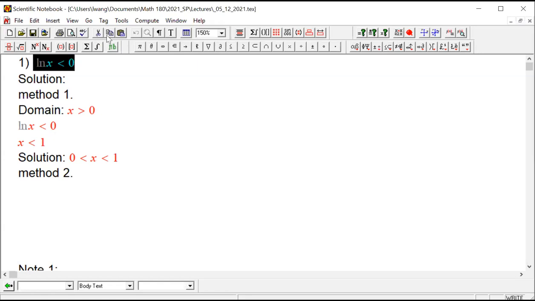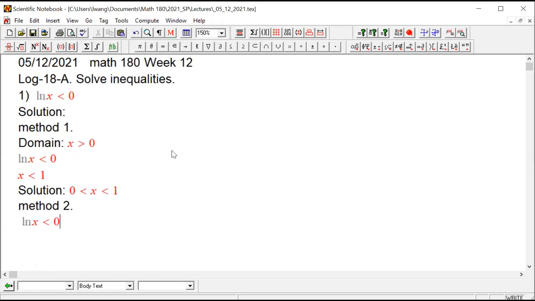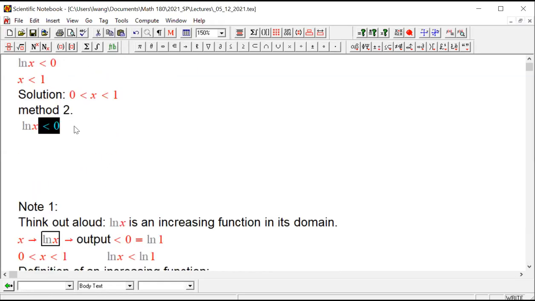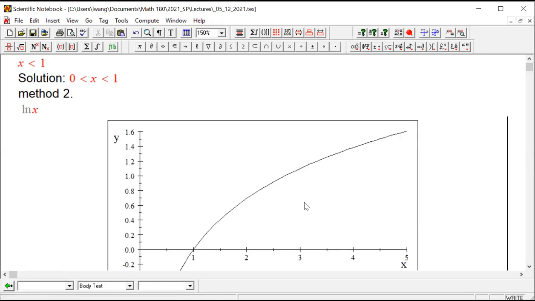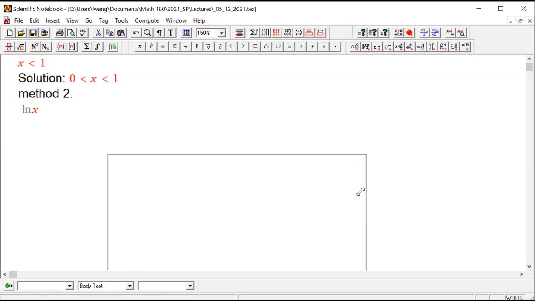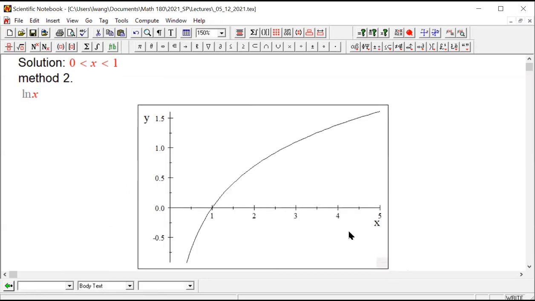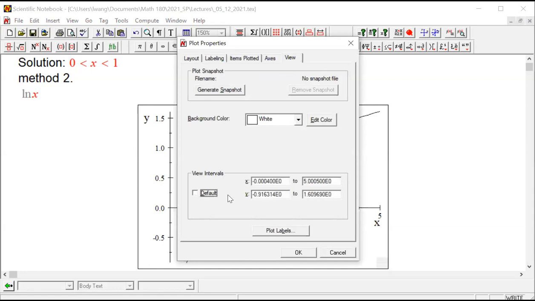So now method 2. In this case, I'm going to use the graph. I'm going to graph ln x. That's ln x, which we're pretty familiar with. Making some adjustment to the picture.